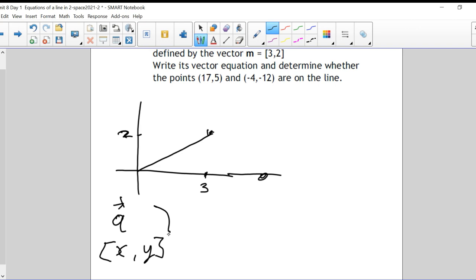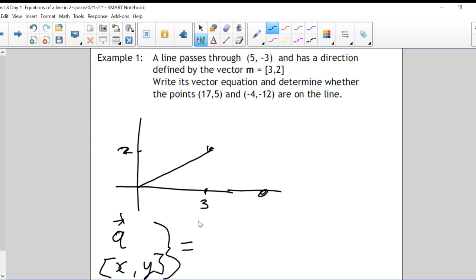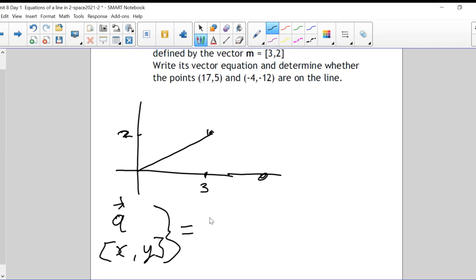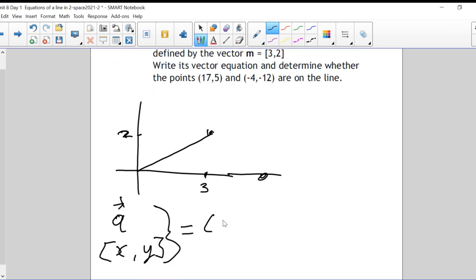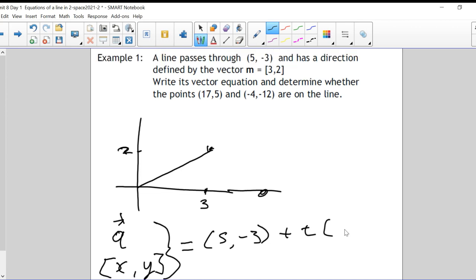So let's just say that in both cases, it's equal to the point, which is the 5, minus 3. I'm not always going to use both of these. I'll probably just use the x, y. The point 5, minus 3 plus some parameter t, and that's the scalar that I'm talking about, which multiplies by this vector 3, 2.